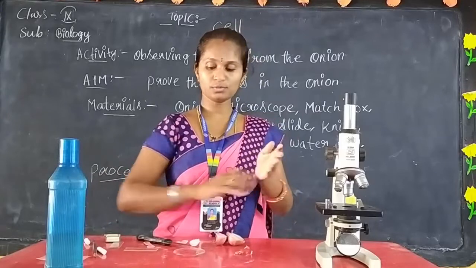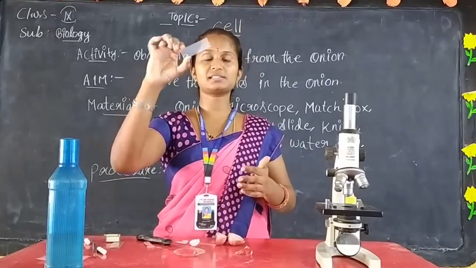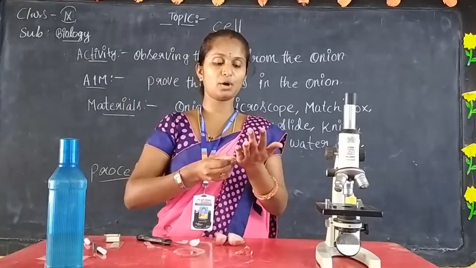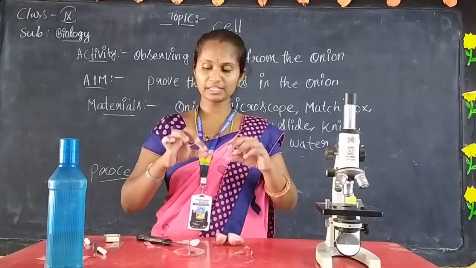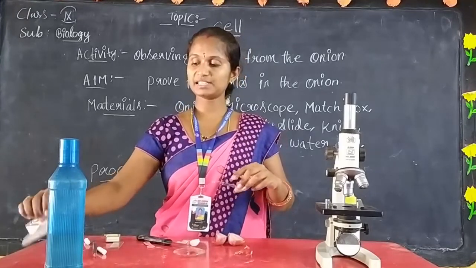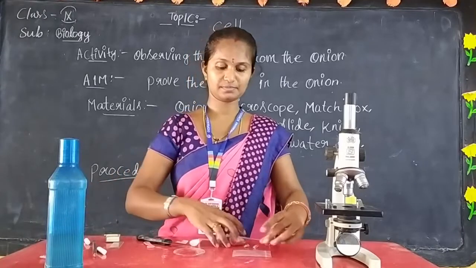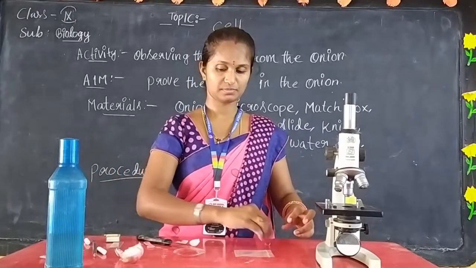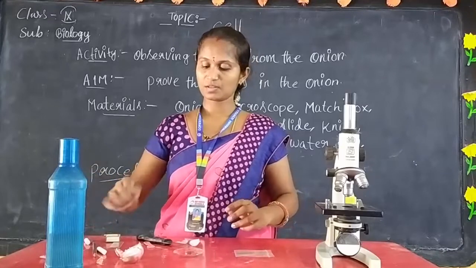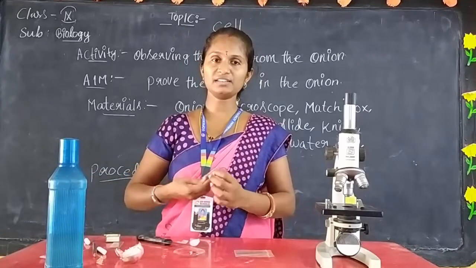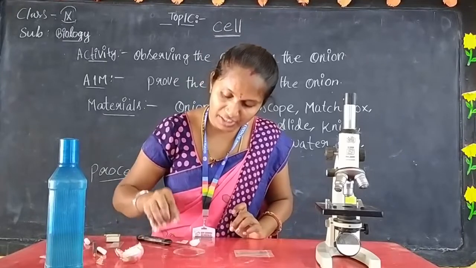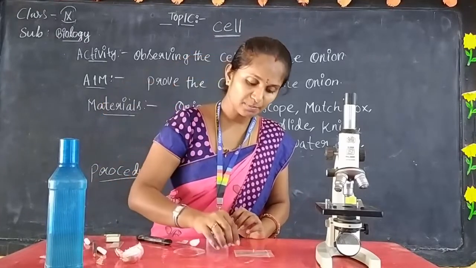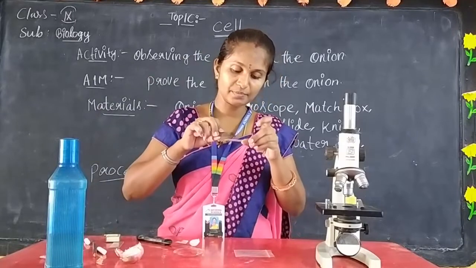Yes. Now I am going to take a slide. Just clean the slide properly with the help of alcohol, and after that place it on a dust-free surface. With the help of the knife, I am going to take a small piece of onion and place it on a slide.